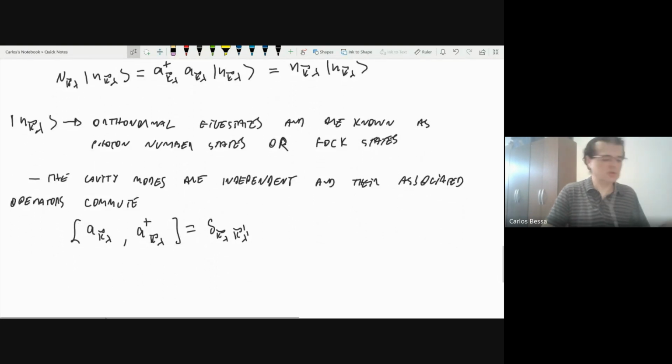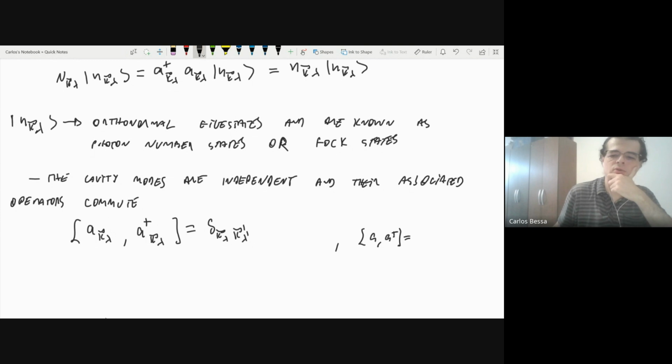So I think this is the basics. Remember that in the case of the harmonic oscillator, we just make [a, a dagger] equal to 1, because they are in the same mode, when k is the same as k prime.